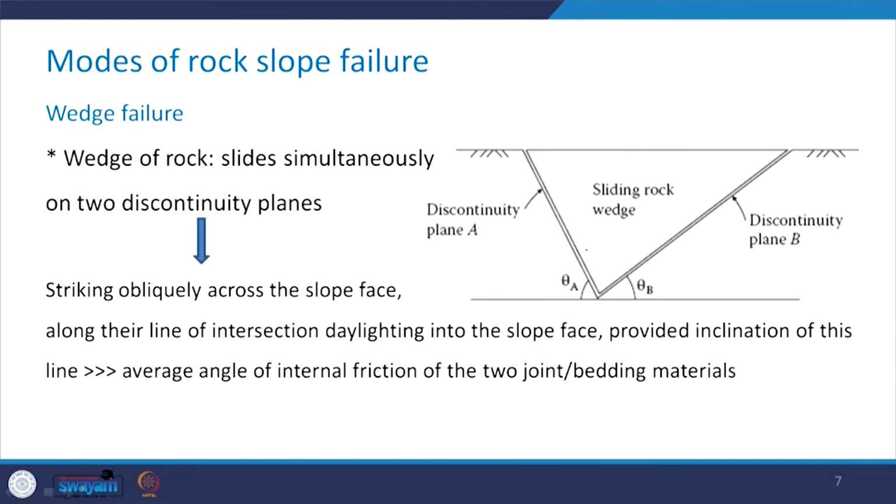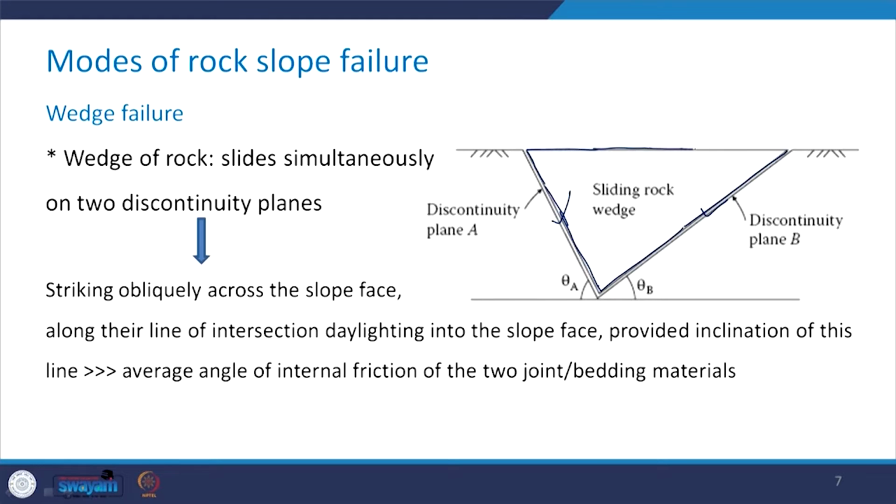The second mode is the wedge failure. In this case, a wedge of rock is formed between two discontinuity planes. Take a look at this figure: discontinuity plane A and discontinuity plane B, and a wedge is formed like this in between these two discontinuity planes.